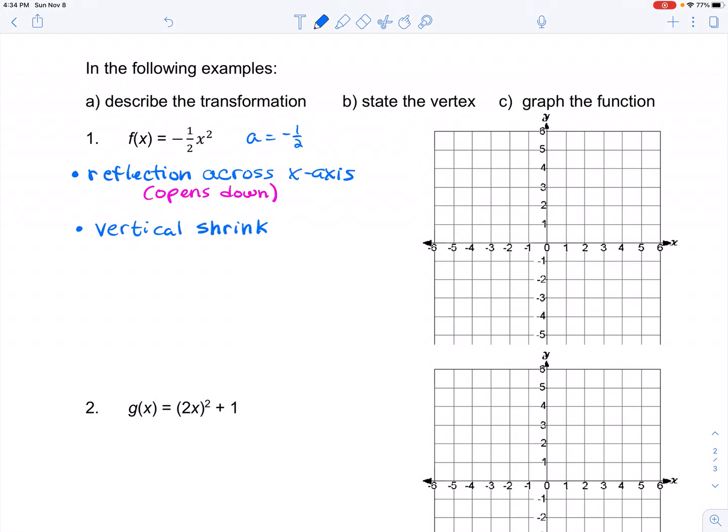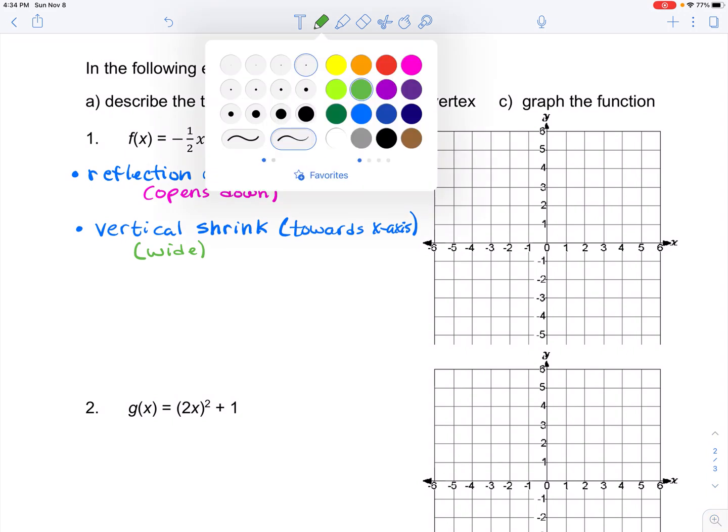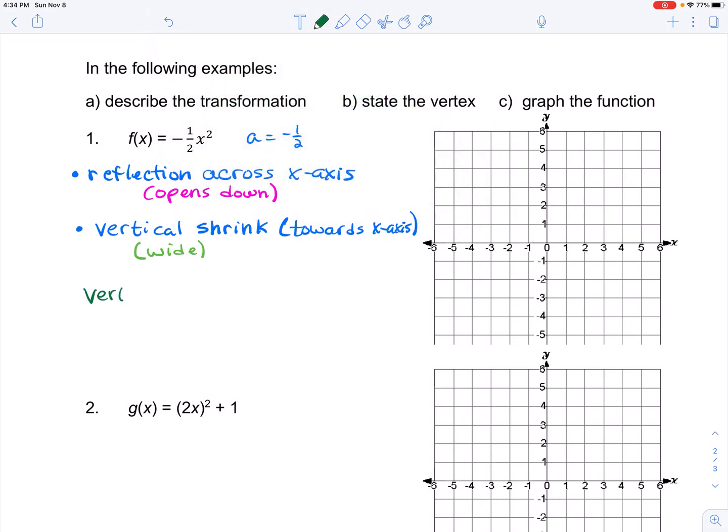It's going towards the x-axis. Okay, so that means it's going to be a wide parabola, and our vertex, well, we don't have an h and a k listed, so it's going to be 0, 0.